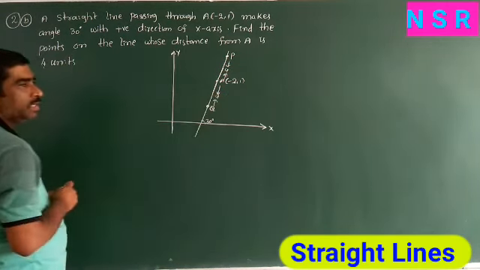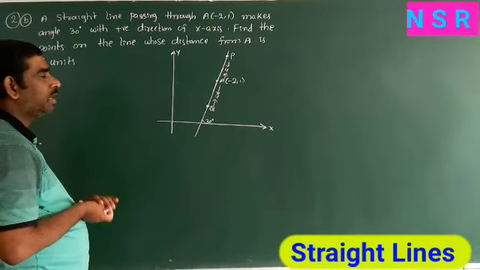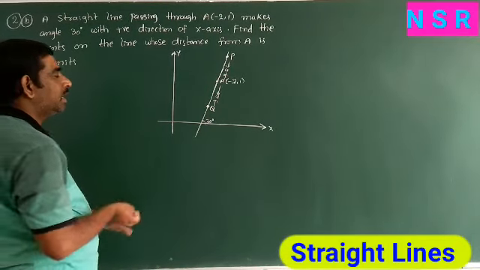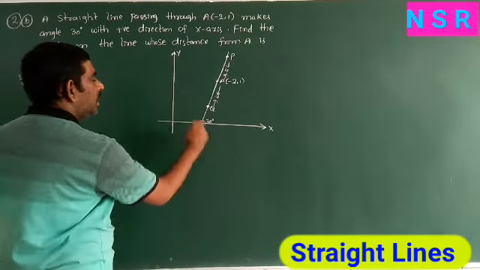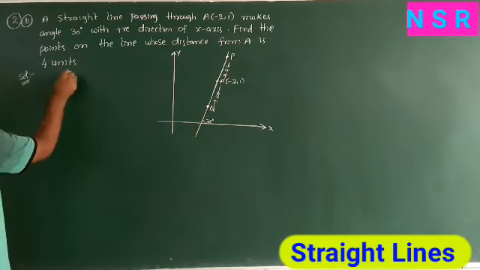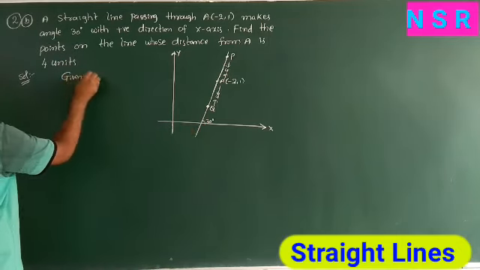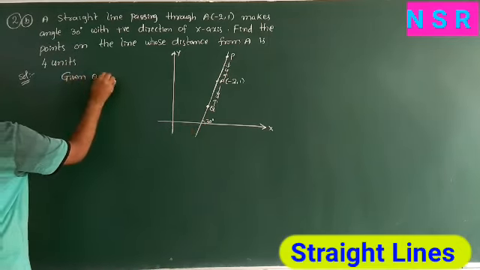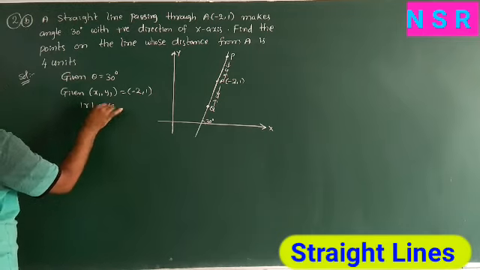Using the straight line we found tan theta and then found sin theta and cos theta. But in this question the theta value is given directly. So theta is equal to 30 degrees and the point (x1, y1) is (minus 2, 1) and mod r equals 4.